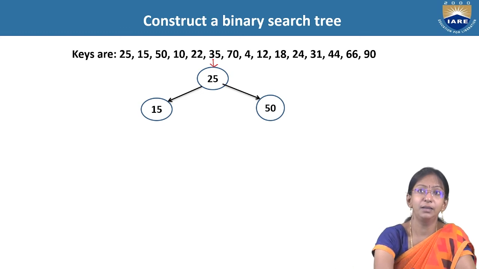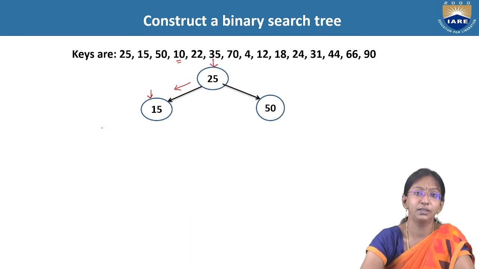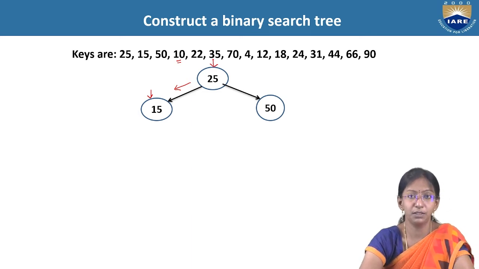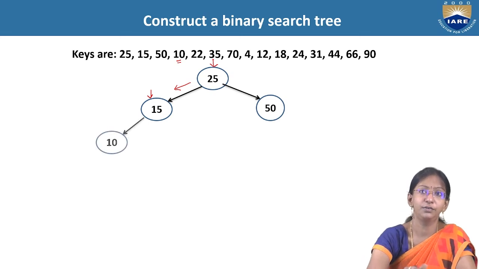Right? Next element to be considered is 10. Compare it with 25. Lesser, left hand direction. Compare it with 15. Lesser, left direction. As there is no left element for 15, introduce 10 as the left child of 15. Okay. Next comes the element 22.